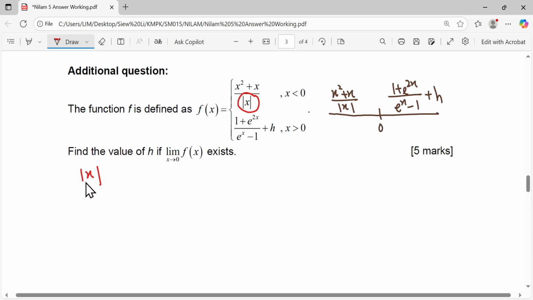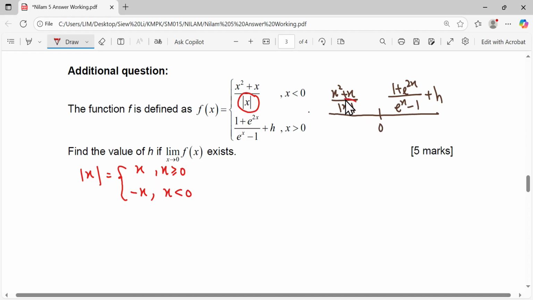A modulus function can be expressed in piecewise form also. To express the modulus in piecewise, it will be positive when x is greater than or equal to 0, and negative when x is less than 0. So the modulus function actually is a piecewise function. Select the correct function according to your region.